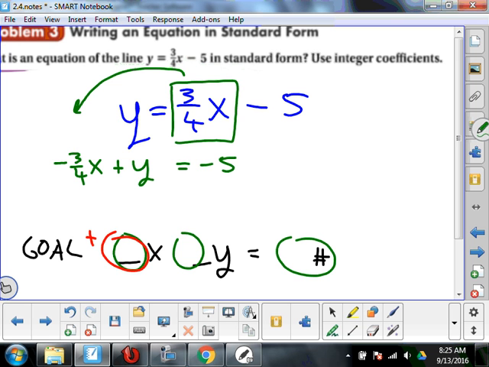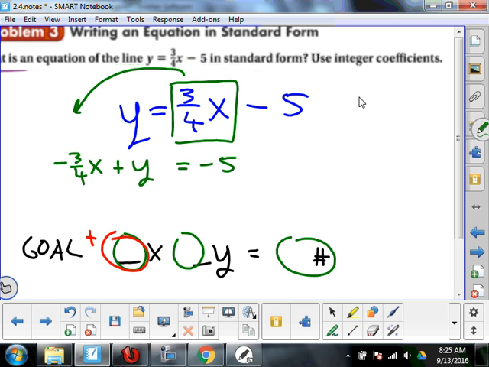So let's see. Are all these coefficients integers? No. Is my leading coefficient positive? No. Now I could, if I was intuitive, if I thought a little bit, I could multiply that equation by one number and make a positive and get rid of all the fractions all at the same time.